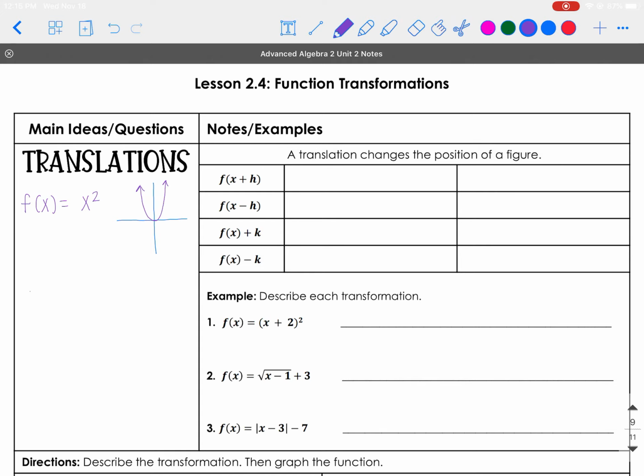The next one, f of x equals the absolute value of x. So that is an absolute value function. And that graph has a V shape. It looks like that.